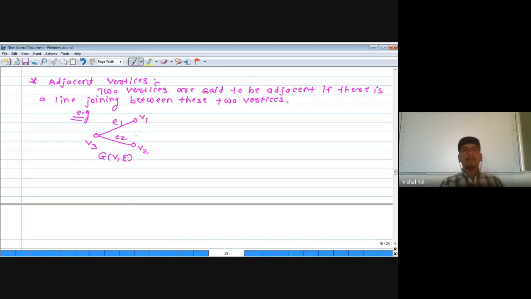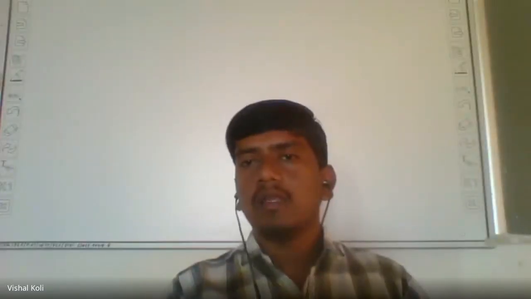Now we have to see which of these vertices are the adjacent vertices, and according to the definition of adjacent vertices, any two vertices are said to be adjacent if there is a line joining V1 and V3 are adjacent.